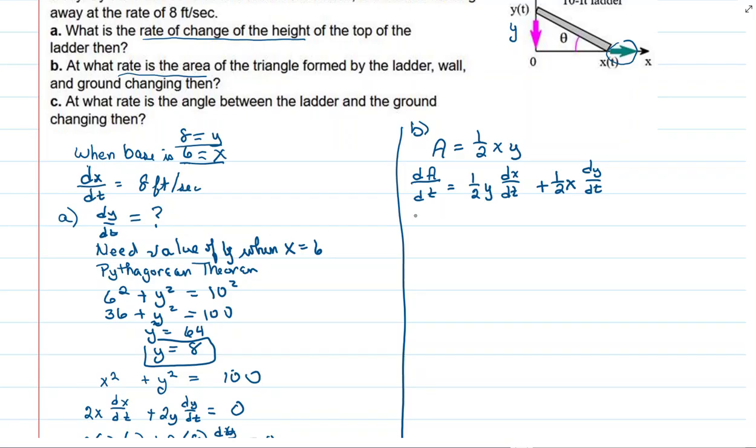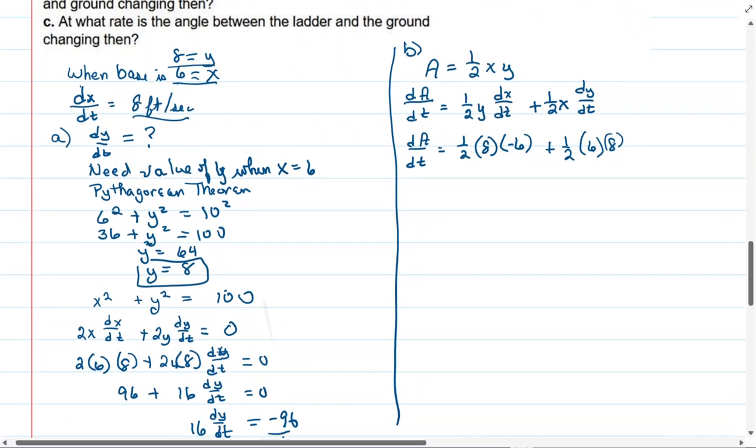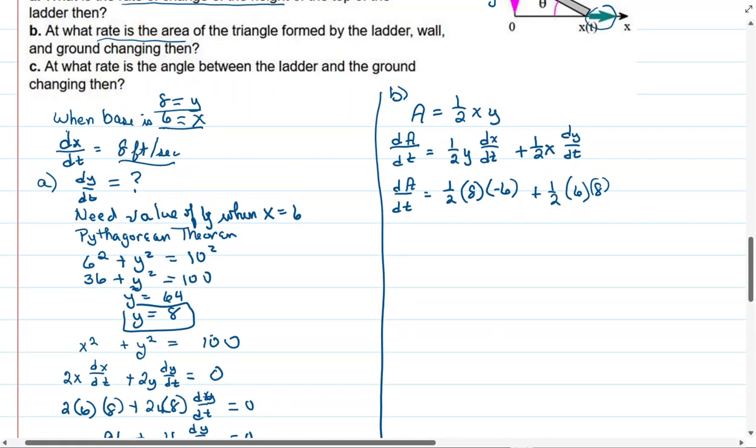All right. dA/dt equals 1/2, and we said y was 8, and 6 was the rate of change of y in feet per second, plus the x was 6, and the change was 8, wasn't it? Negative 6 was what I got down here. Yes. All right, here we go.